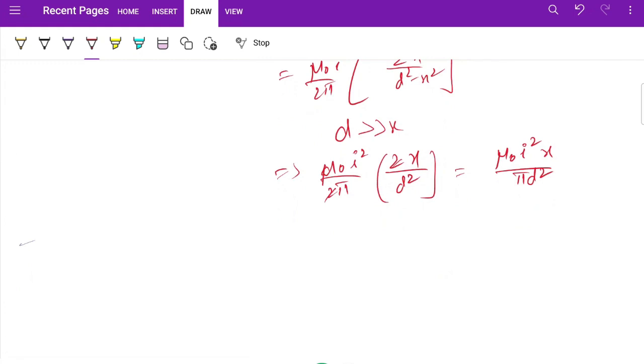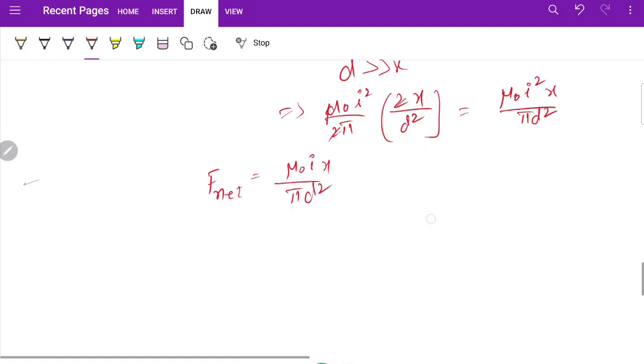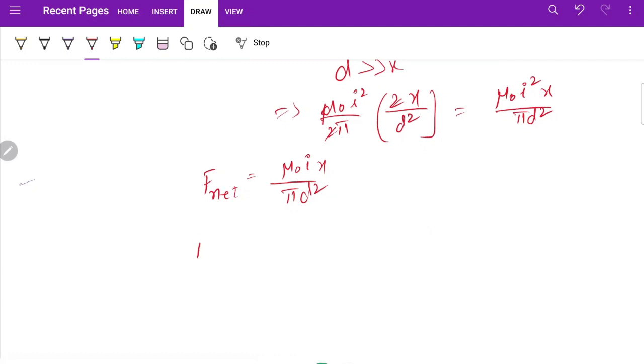Okay. Now I'm writing net force is mu naught I square x by pi d square. Let us compare this with F equals minus kx, the restoring force. If you remember spring forces, the restoring force acting on the spring, we took F equals minus kx.